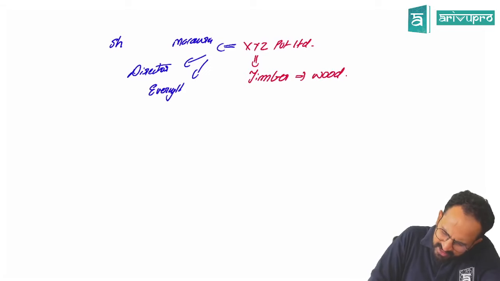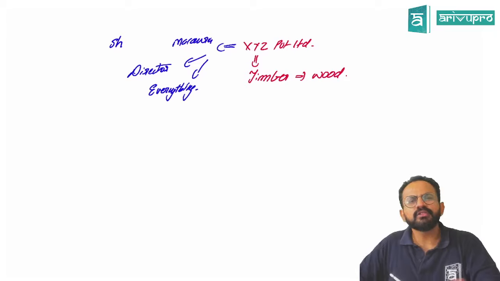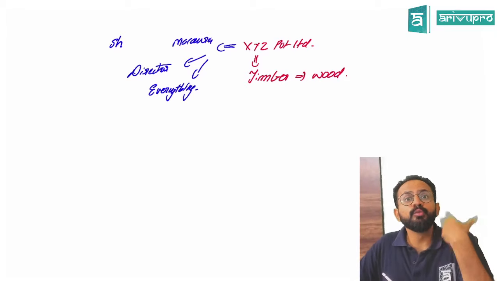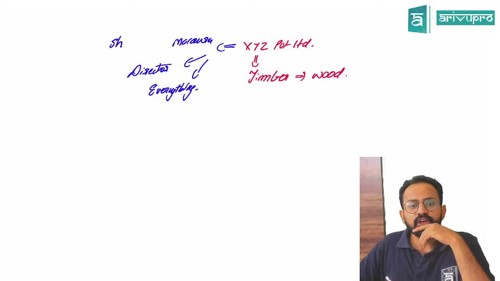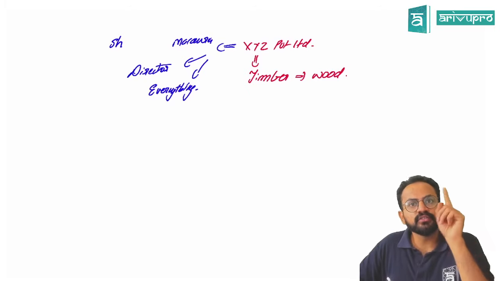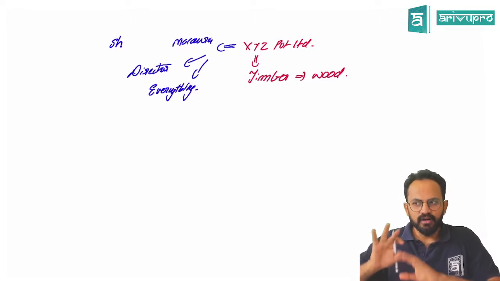There was nothing else. Everything was Macaura only. So what did he do? He thought, today's date, it is very difficult to run such companies. Tomorrow, if there is any accident. What do you mean by accident? Imagine if this particular, what do you say?